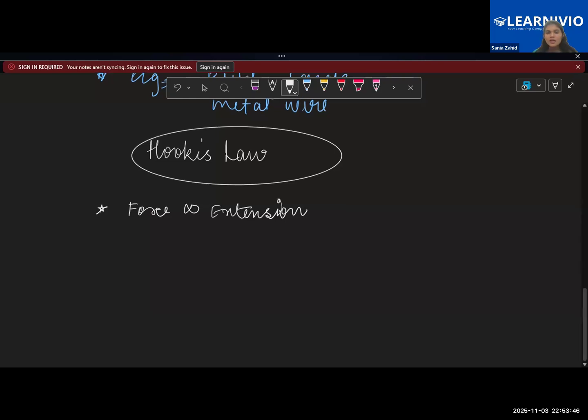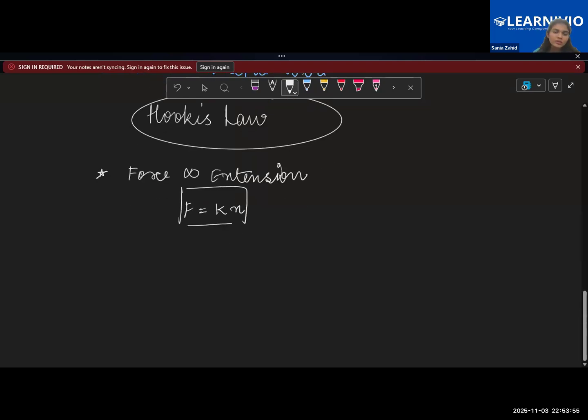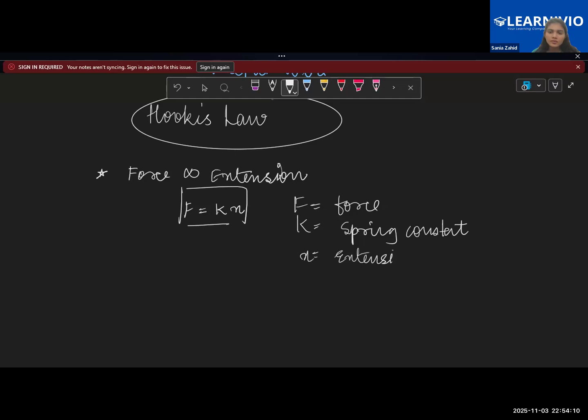Now F equals K X. Very important formula. F is the force, K is the spring constant, X is the extension in meters. Got it?